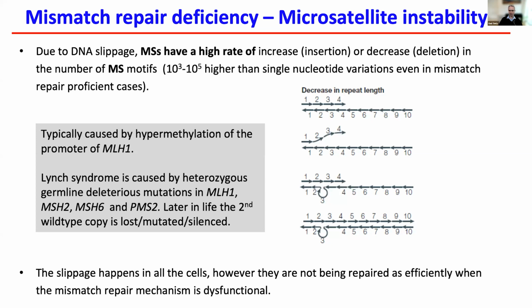Later in life, a second hit could hit the wild type copy, and that increases the chance of getting cancer, particularly colon cancer, endometrial cancer, and stomach cancer. The slippage happens in all the cells in the body. However, it is not repaired as efficiently if the mismatch repair mechanism is dysfunctional.